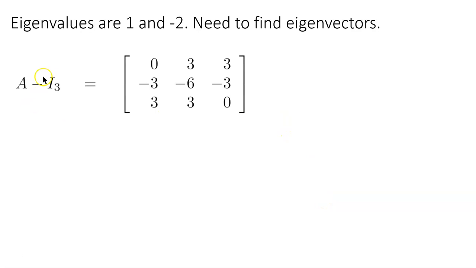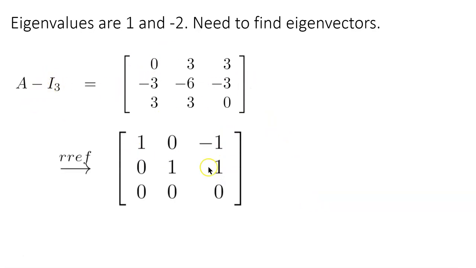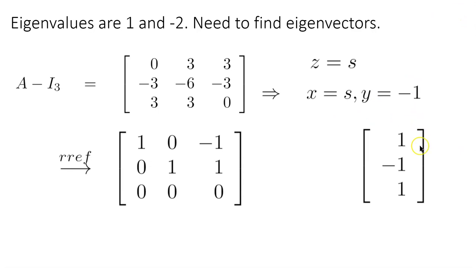If we look at 1, this is our matrix. We put it in reduced echelon form. Z equals s, X will equal s, and Y will equal -s. And there's a typo here, I apologize. That should be -s. So my eigenvector is 1, -1, 1 for the X, the Y, and the Z.